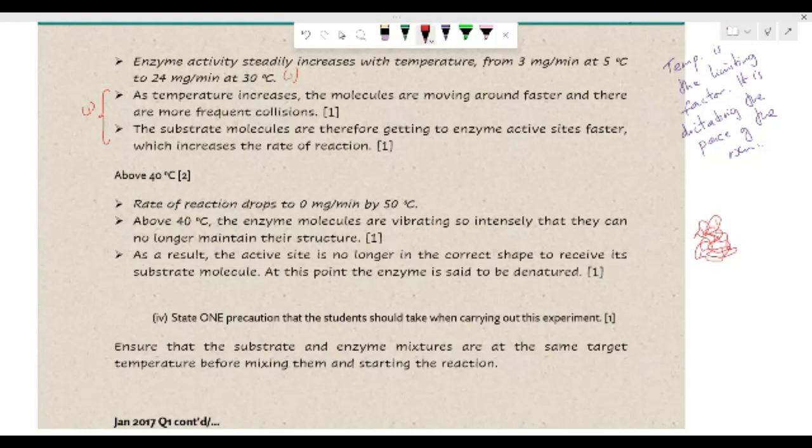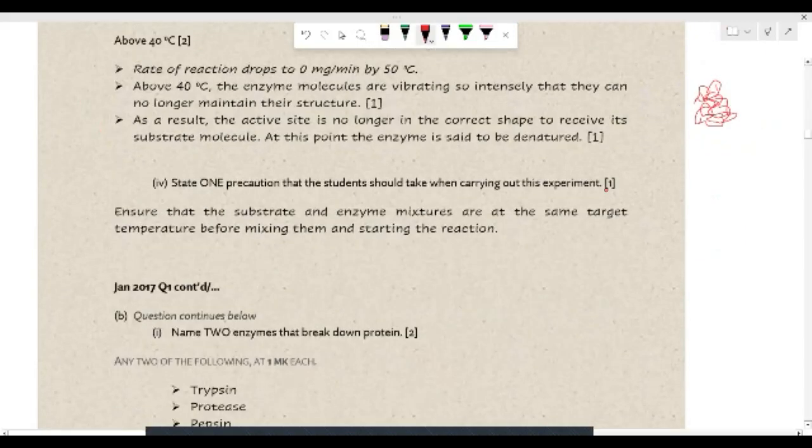Same thing, if the hairstyle falls apart, just taking the hairpins and sticking them back in your head isn't going to bring the hairstyle back, right? So it's the same kind of thing, right? So it's denatured, it vibrates too intensely, it breaks down, and that's why the rate of reaction drops by 50 to basically 0. All right.